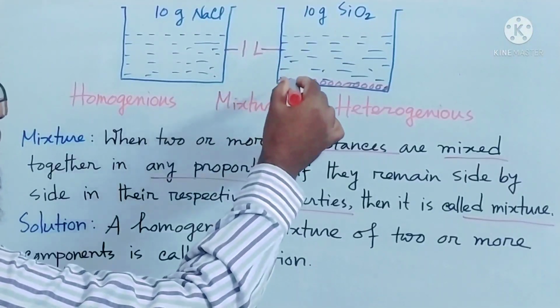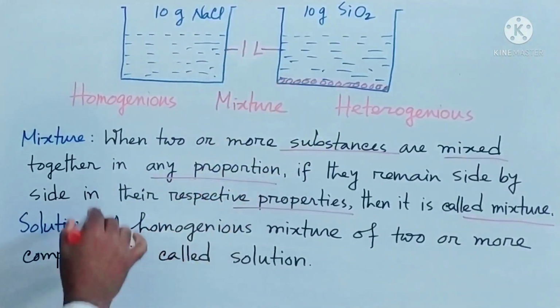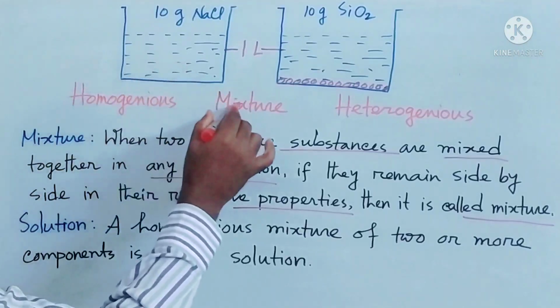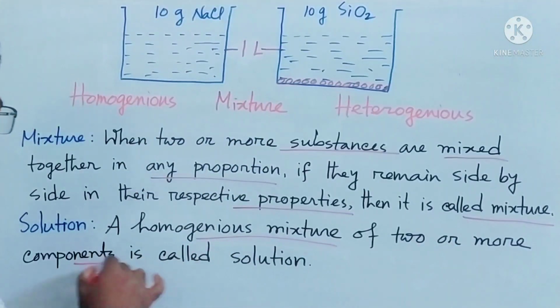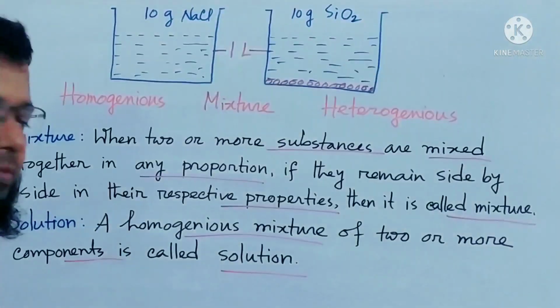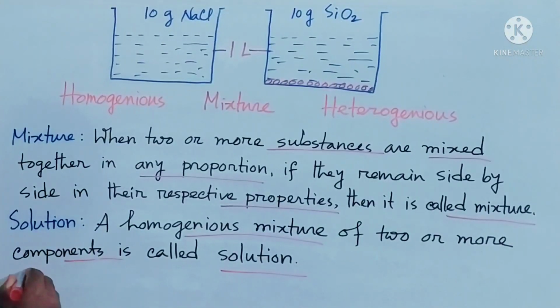So we can say both are mixtures, but in case of the first one it is a homogeneous mixture. So a homogeneous mixture of two or more components is called a solution. Okay, now solvent.